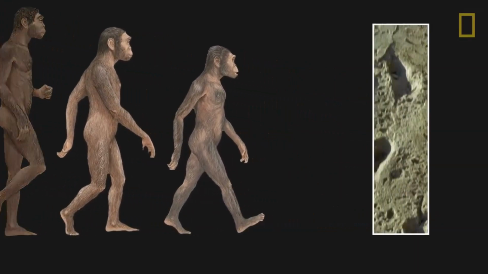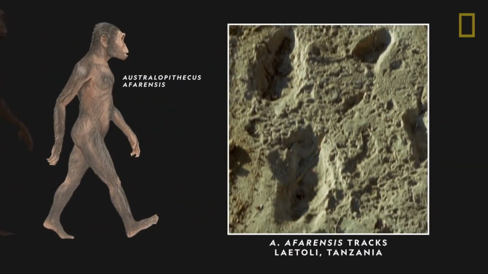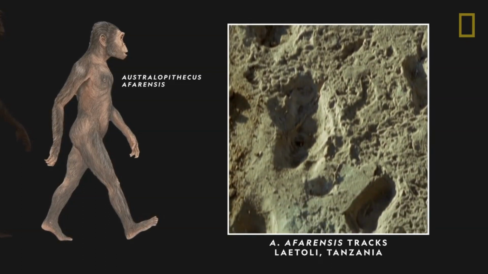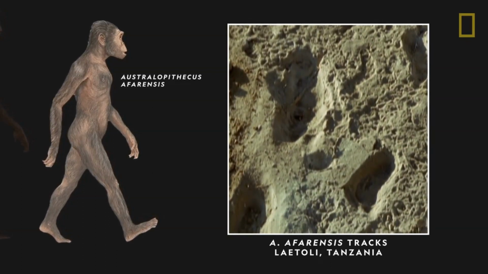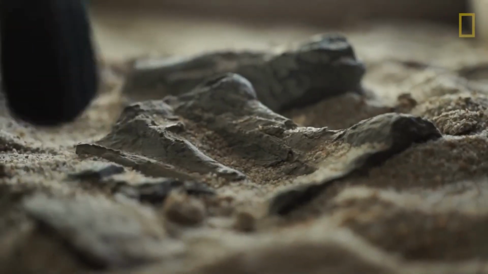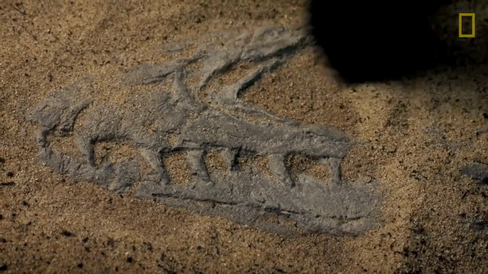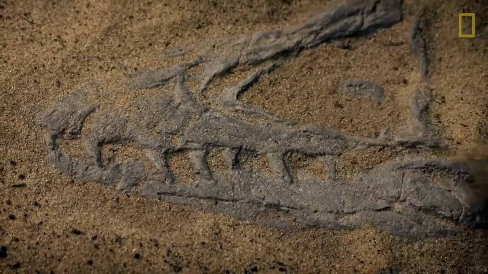And footprints left behind by ancient hominins help paint a picture of what life was like for early human ancestors millions of years ago. With every fossil uncovered, the planet's ancient past becomes clearer, helping shape our understanding of our world today.